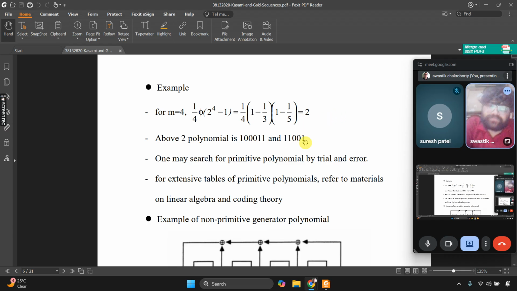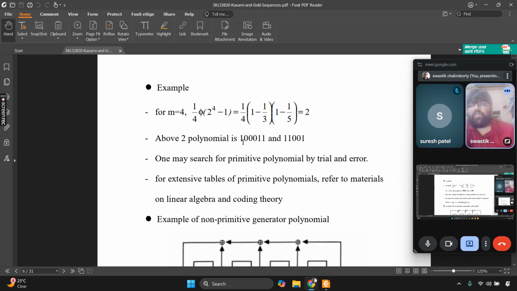Simple, you just take the rightmost and make it 1, and from there you add 1 plus x, skip x square, x cube, skip x4, skip x5, 1 plus x plus x5.